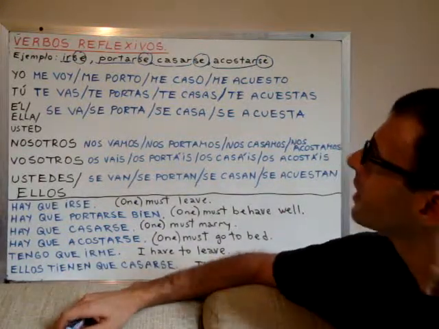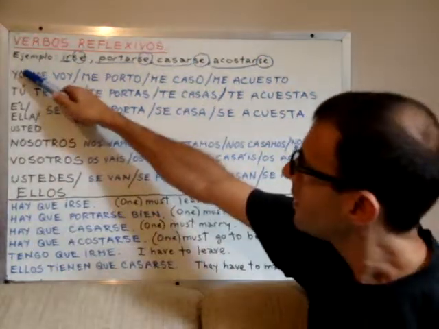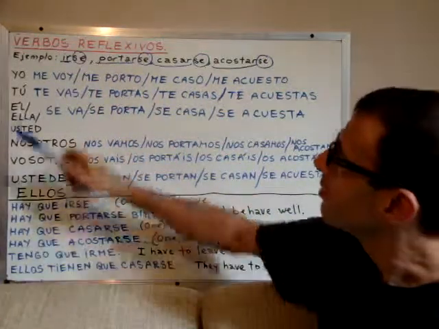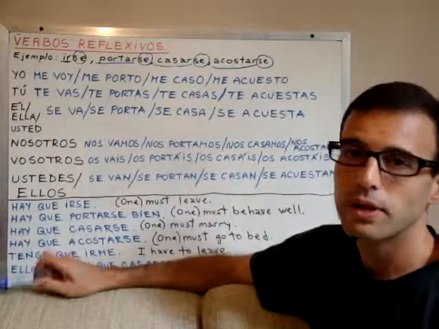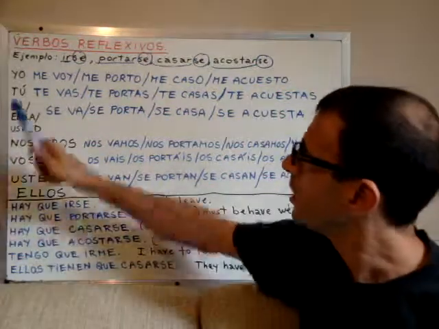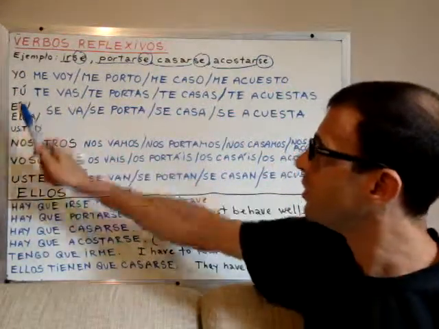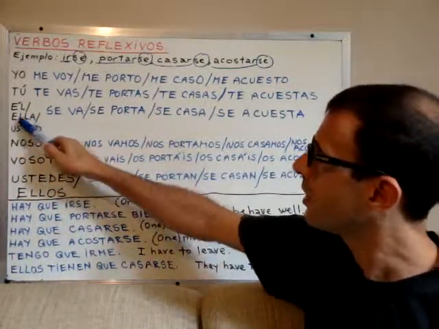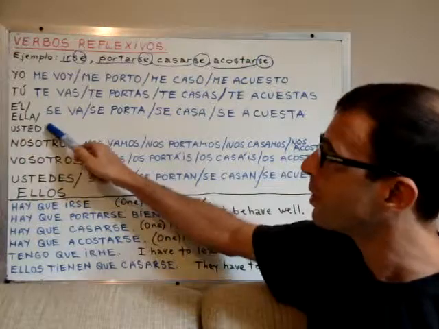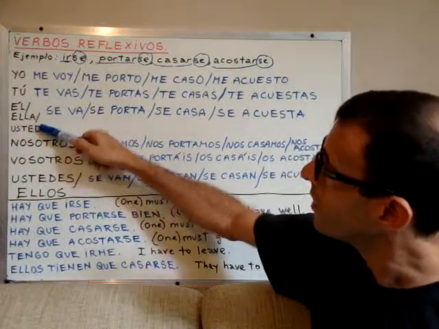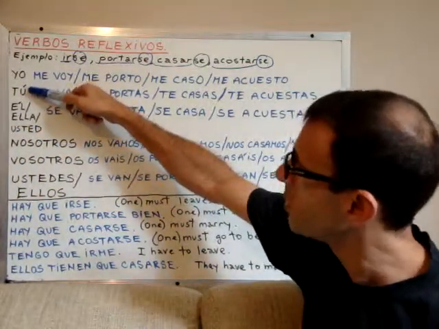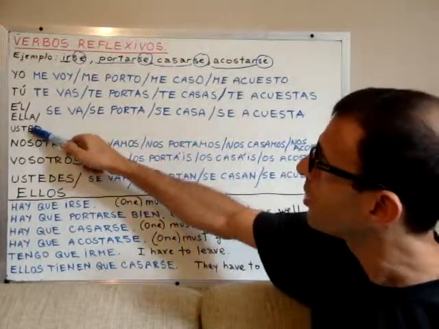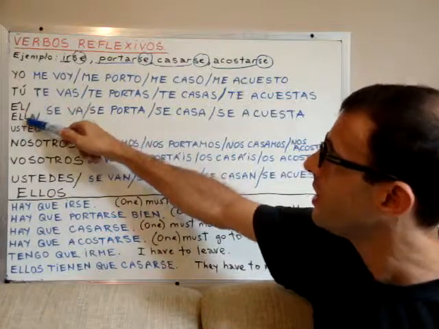So let's see the conjugation of these in present tense first for each one of the Spanish subject pronouns. Yo is I, tú is you, él, he, ella, she, usted is you, the formal you. So usted should go here because it means you, only that usted is formal, but it conjugates the same as he and she.